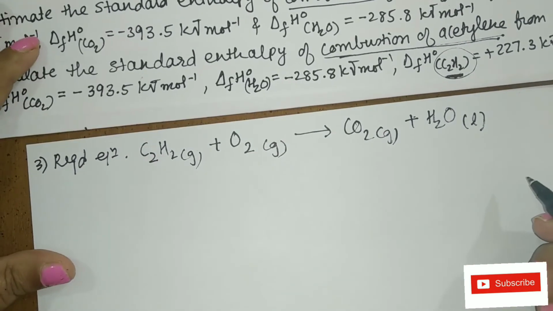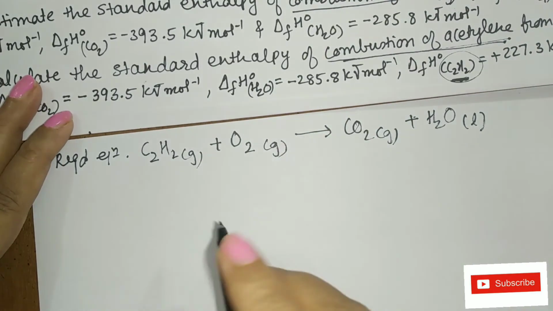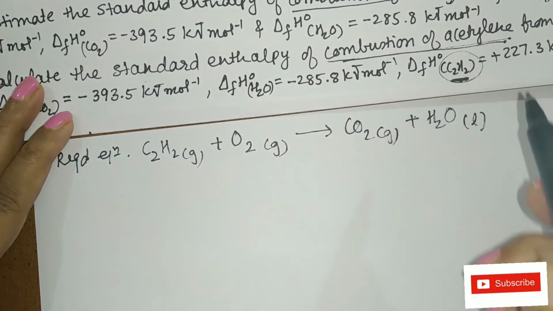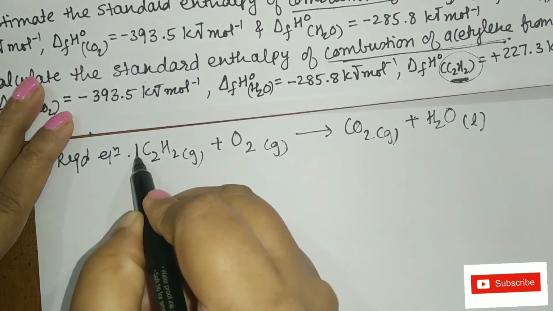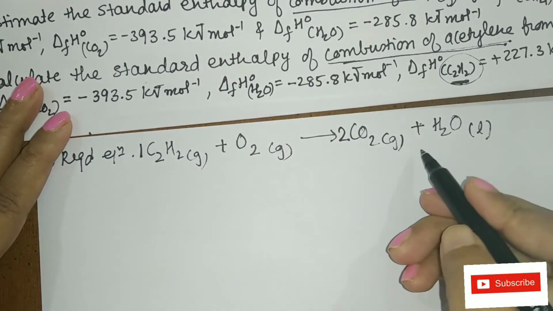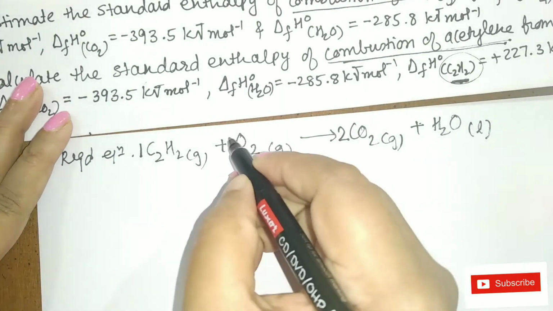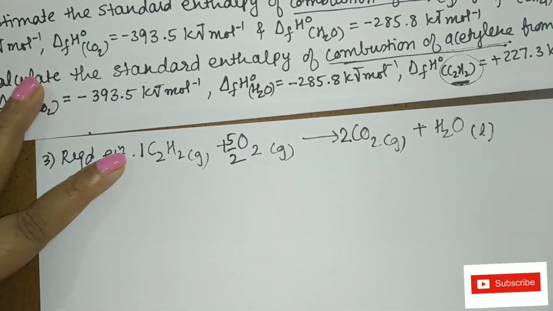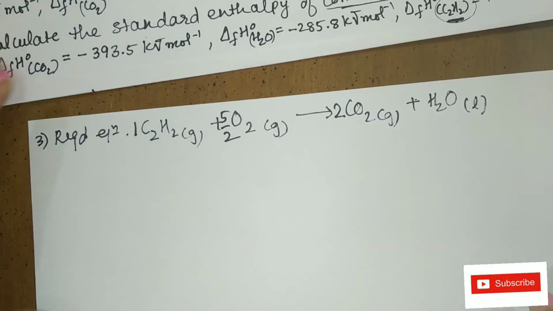So let us balance the equation. Acetylene must be 1 mole, and then you will balance the equation. So it will be 2 here, and this will become 4, 5, so it will be 5 by 2. So here I have balanced the equation.